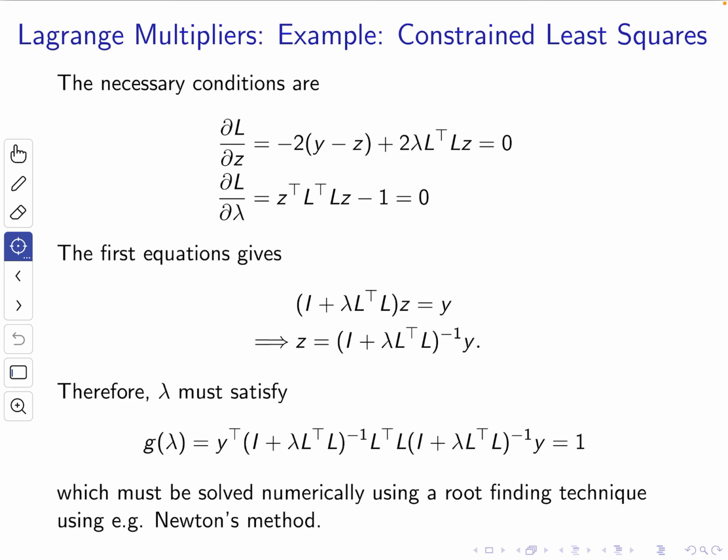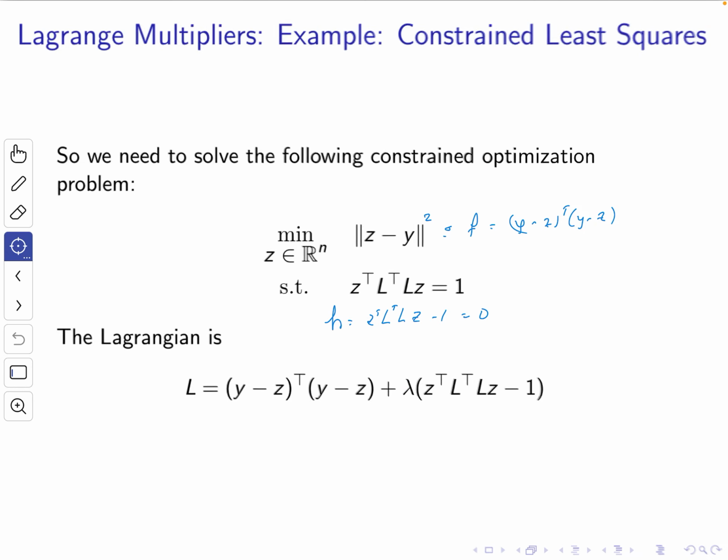So we take the partial of L with respect to z. Notice back here, I take the partial with respect to z, I get basically this guy times the partial of this thing with respect to z, which is just going to be minus identity. So I'm just going to get negative y minus z.